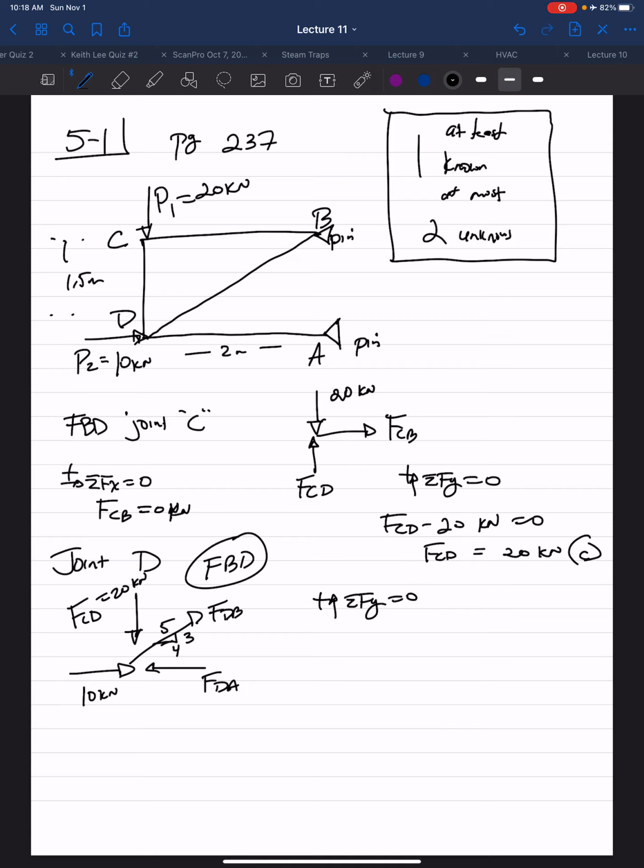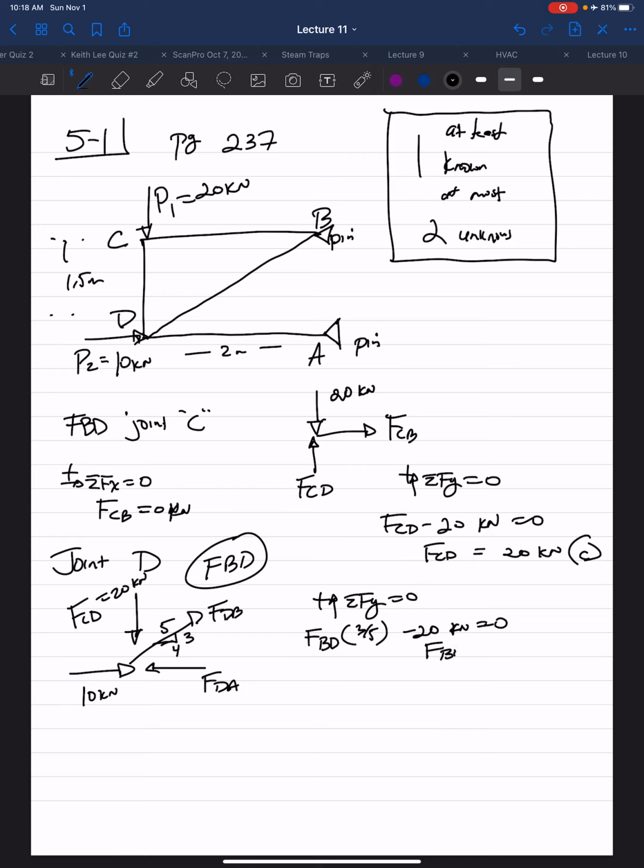So if I take the sum of my forces at joint D in the Y direction, I have my FBD times 3 over 5 minus 20 kilonewtons equals 0.